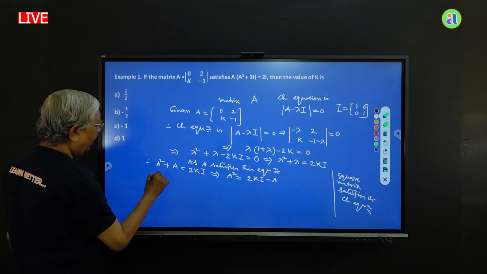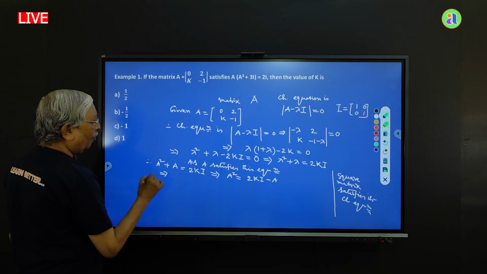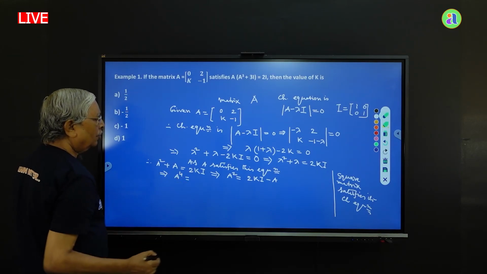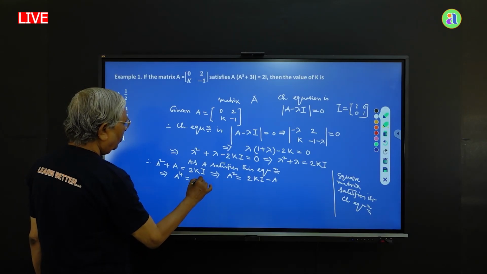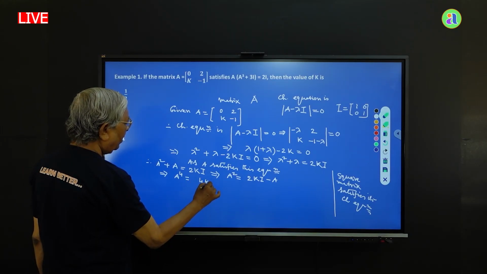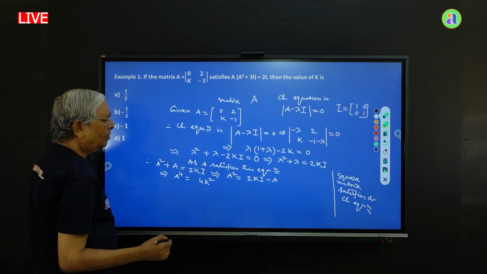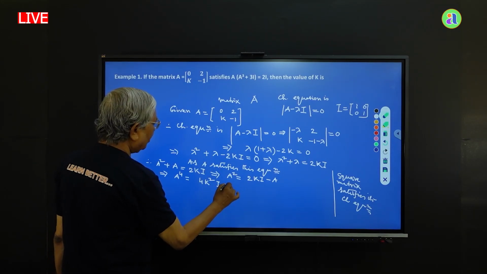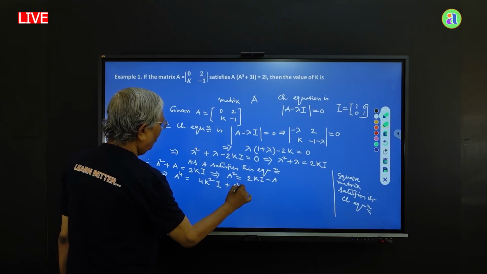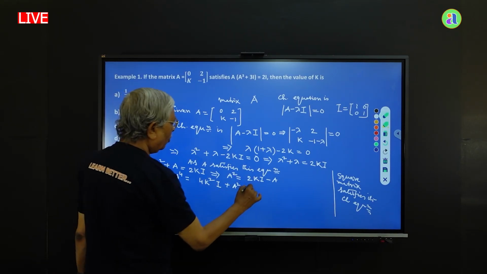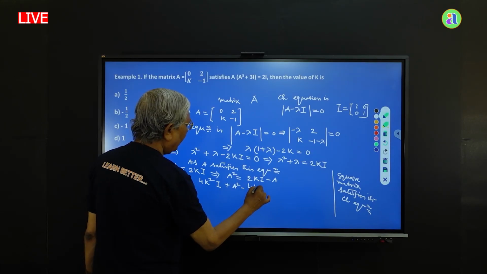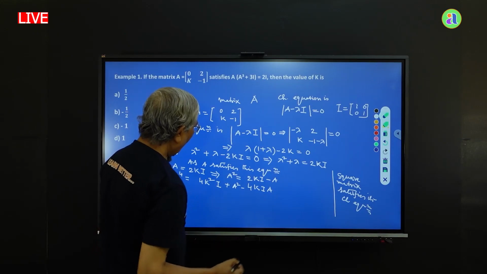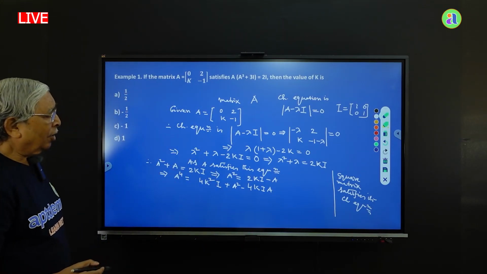This will imply A to the power 4 equals to 4k squared I plus A squared minus 4kI A. Put the value of A square. What you have got?